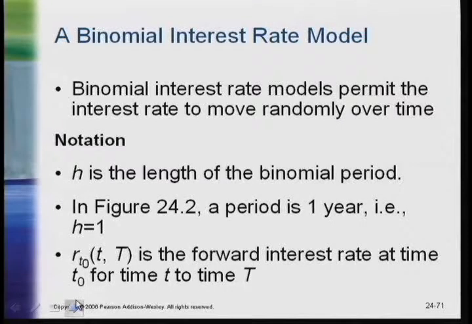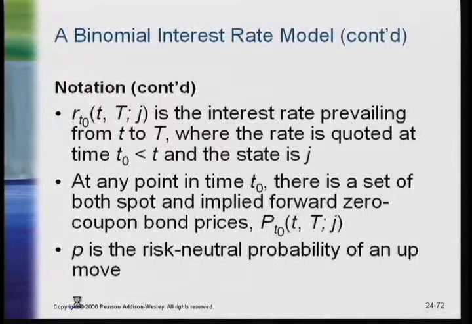So we'll let some common notation, R at T sub 0 is a forward interest rate. This notation is similar to what we've seen before. It's the forward rate as of time T0 for interest between time little t and time capital T. Because at time little t, in a binomial lattice there will be several states, we need a somewhat richer notational structure.